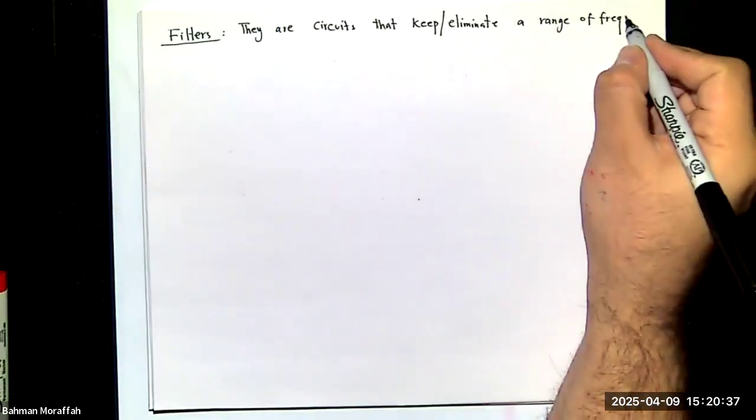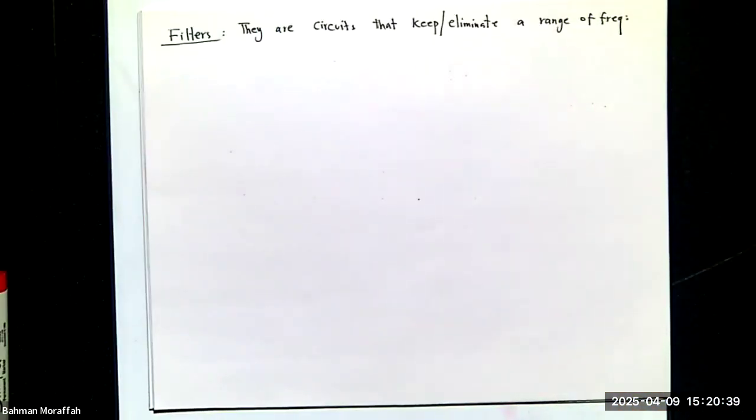Right? In this class, we only learned about resistors, capacitors, and inductors. And these are passive elements. Given these passive elements, we're only able to build 4 types of filters. Low pass filter, high pass filter, band pass filter, and band stop.